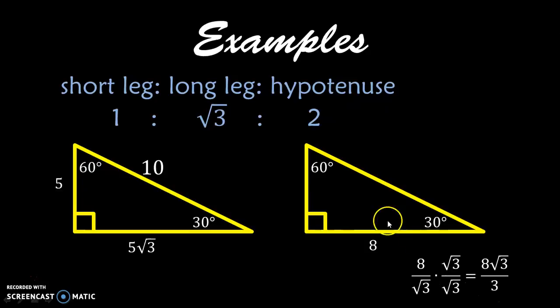So we can say that the short leg measures 8 square root of 3 all over 3, while the hypotenuse is 16 square root of 3 all over 3, because it is twice as long as this. So just multiply it by 2 and we can get the hypotenuse.